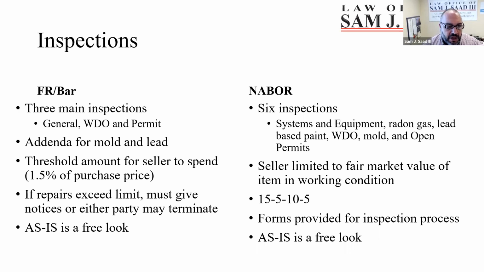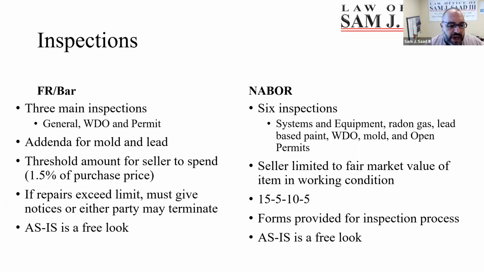and lead as well. FAR-BAR requires the seller to make repairs up to the 1.5% typically listed. They call it the repair limit: the general repair limit, the WDO repair limit, and the permit limit.